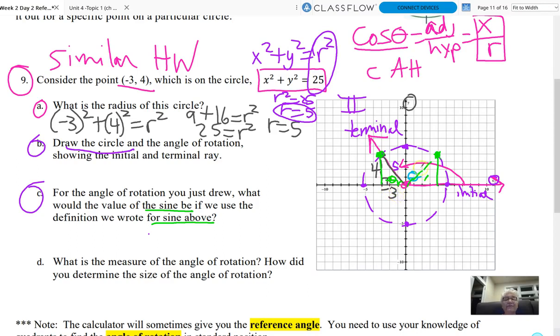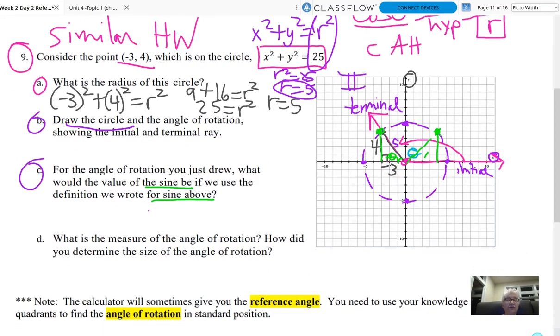So it has the same sine value if I just use the reference angle. Sine of our angle is our y value over our r value.